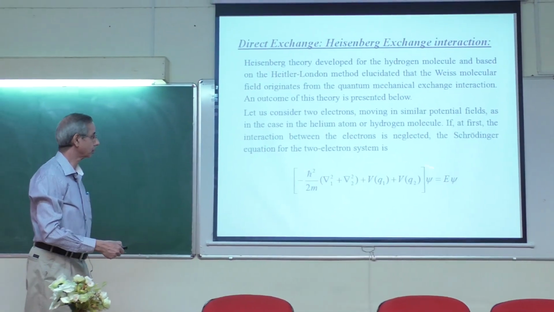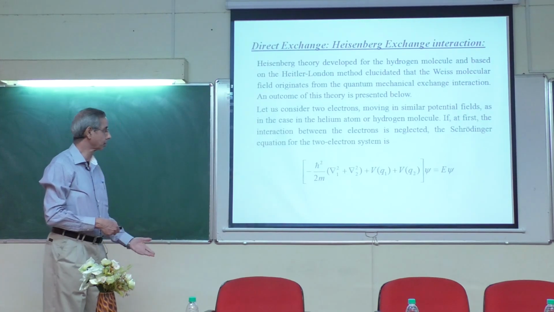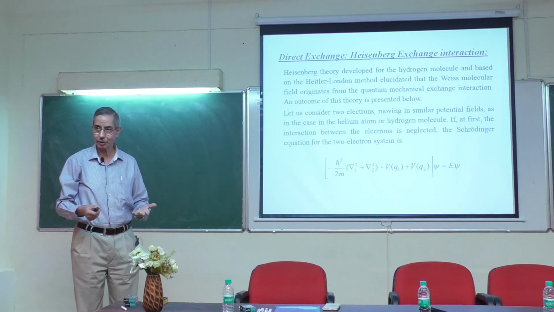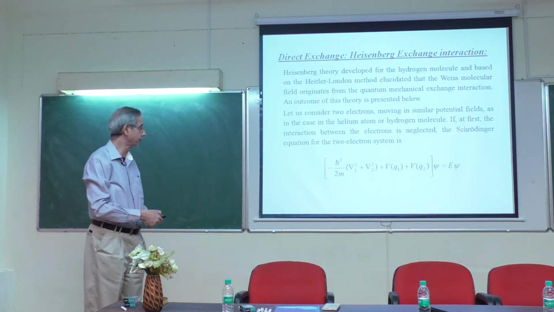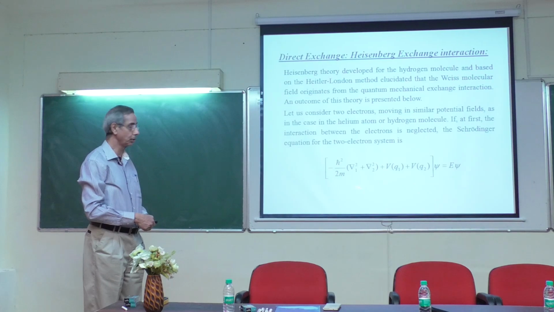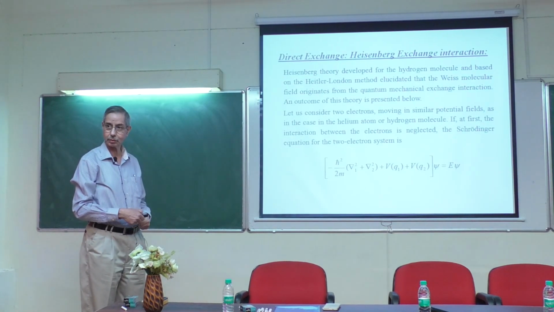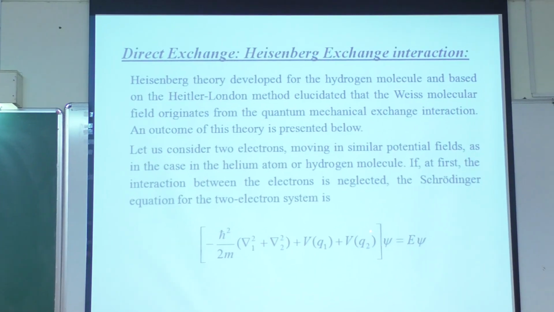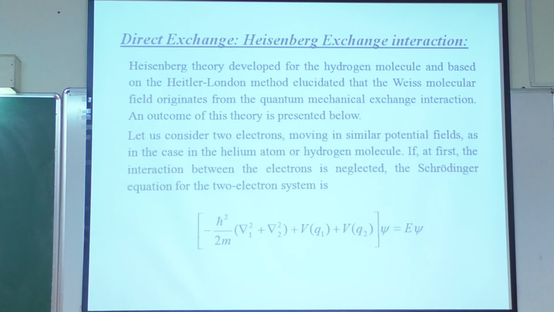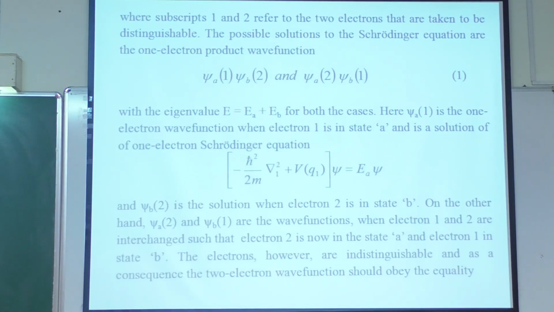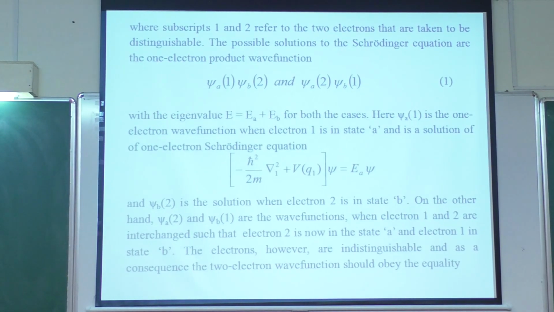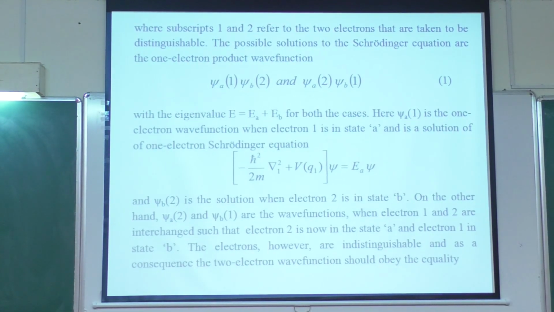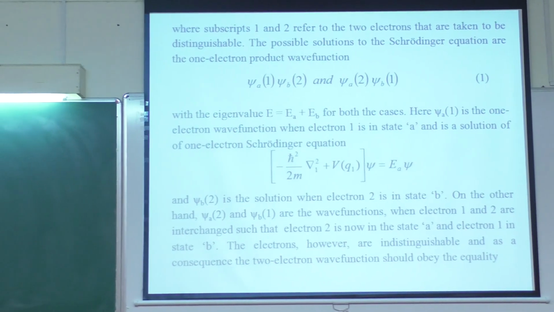For the two-electron system, the Schrodinger equation will be just this, which is actually the two Schrodinger equations, and we take the sum of them. This energy would be simply the energy of the individual electrons. If I call one of them EA, the other EB, then E equals EA plus EB. The possible wave functions are just the one-electron product functions.